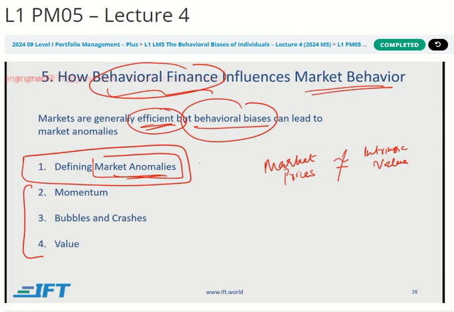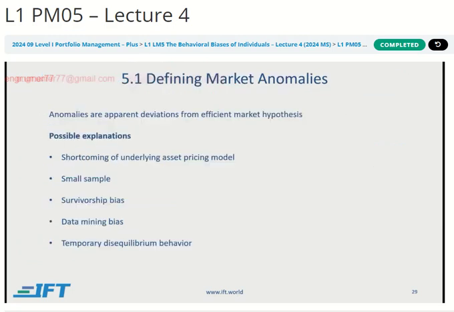So first we will talk about what market anomalies are, and then what are some alternate explanations of why we seem to observe these anomalies, and then we will get into the behavioral finance explanations of those, right? So first of all, what is a market anomaly?